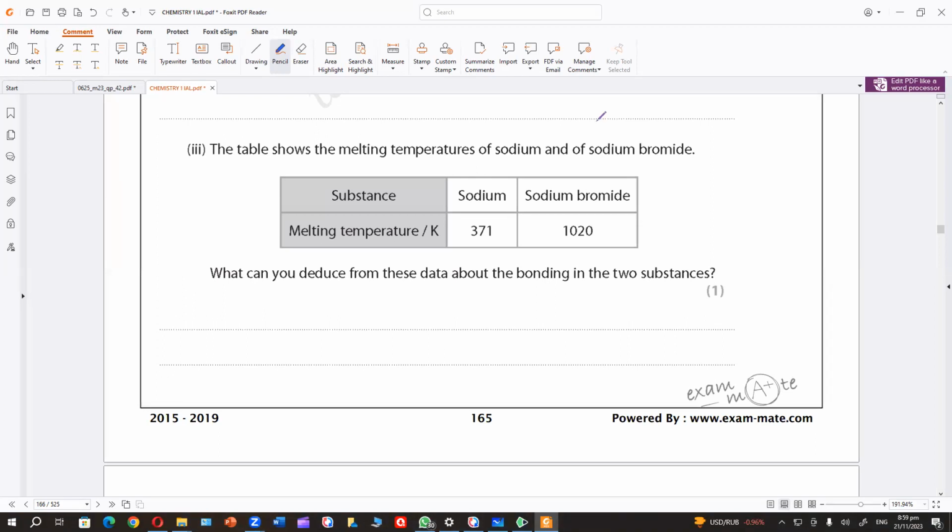So basically, ionic bonding has electrostatic forces of attraction; higher energy is required to break the very strong electrostatic forces.